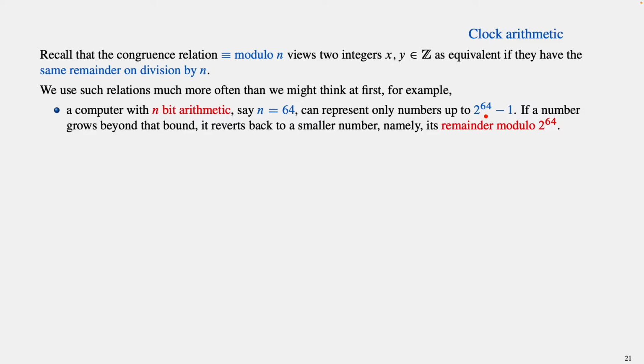So if a number grows beyond that bound, then a so-called overflow happens, which means it reverts back to a smaller number, namely its remainder modulo 2 to the power of 64.